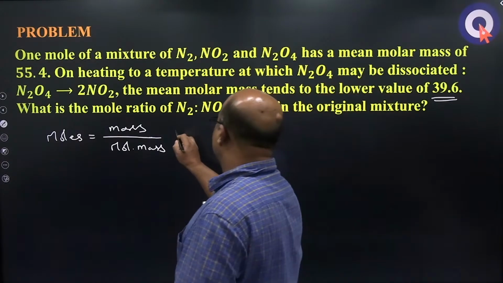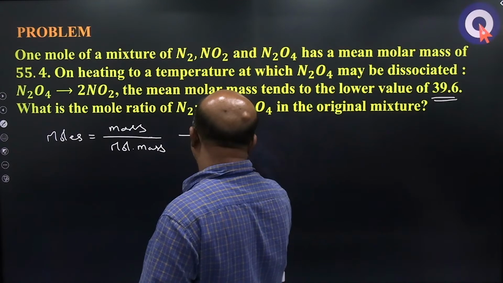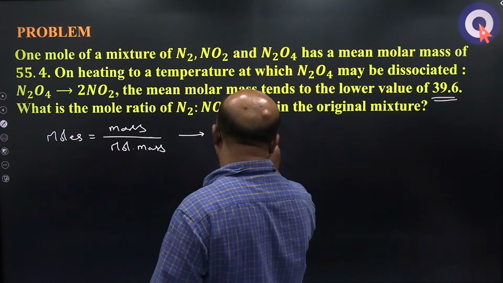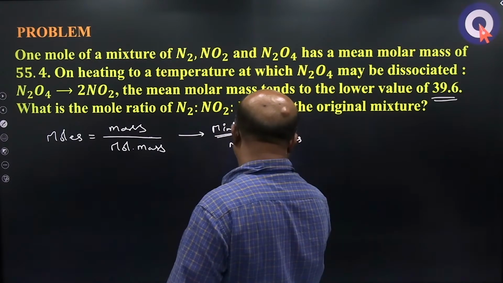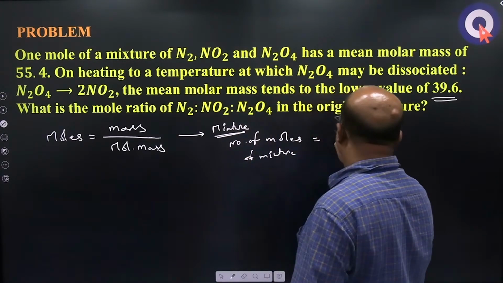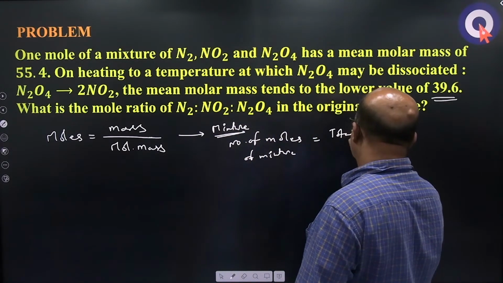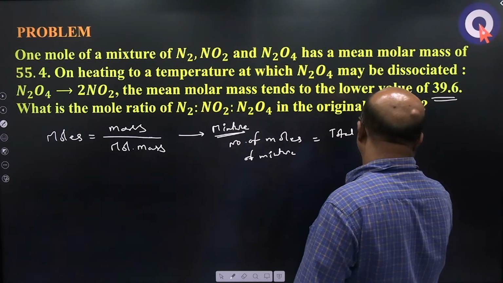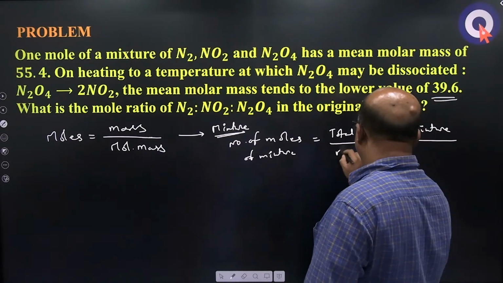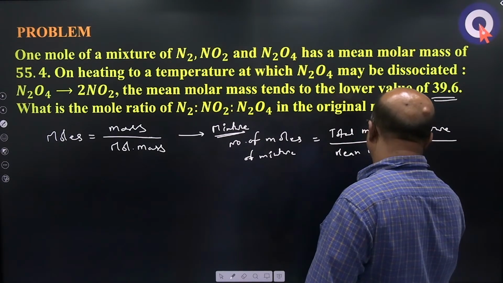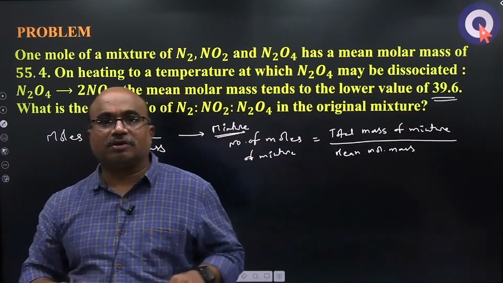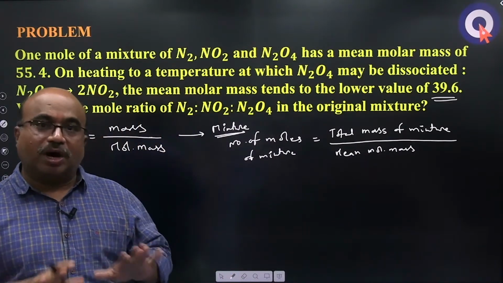Applying this to the mixture, its number of moles is the total mass of the mixture by the mean molecular mass of the mixture.